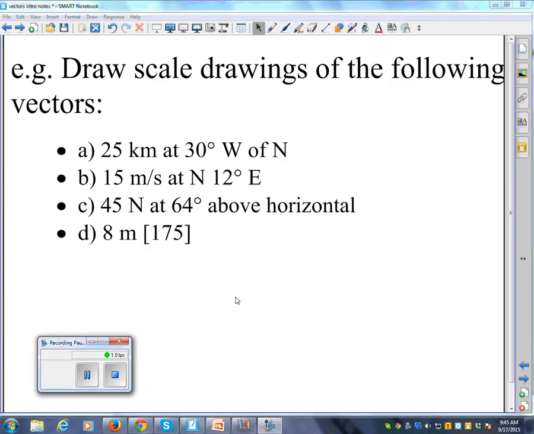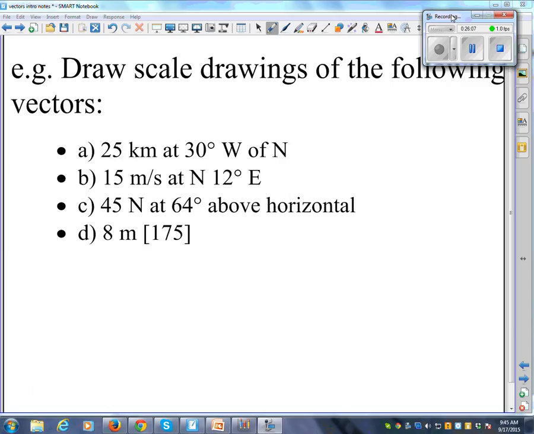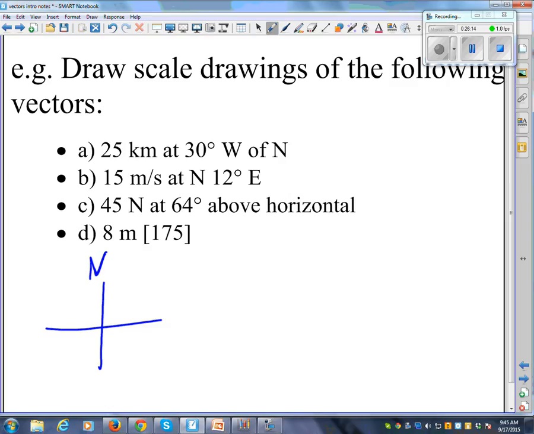First thing I'm going to do is draw my reference, west of north. So there's north. I'm going to the west of it, so I'm going over here somewhere. This angle here has to be 30 degrees. How long do you draw it? You must draw a scale.